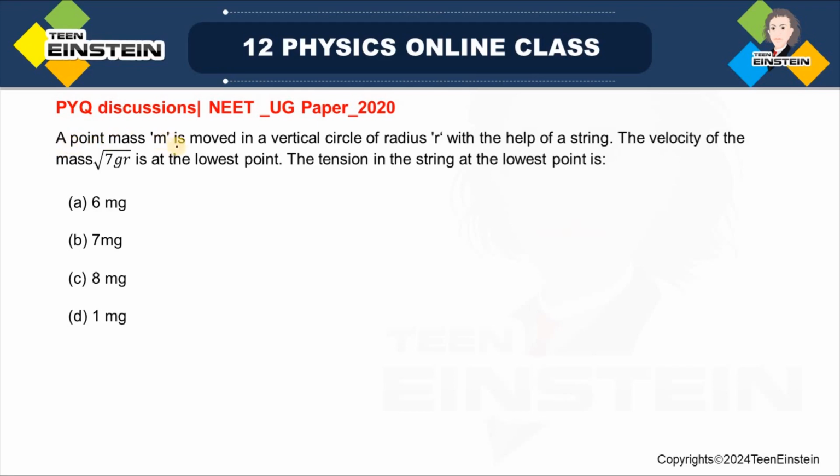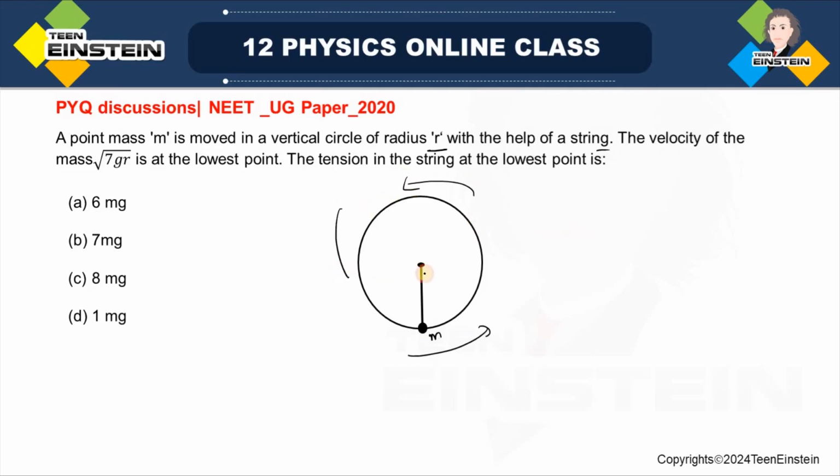The question says a point mass M is moved in a vertical circle of radius r with the help of a string. Let us see the situation. Suppose this is a point mass M which is tied with a string, and this is rotated along a vertical circular path.